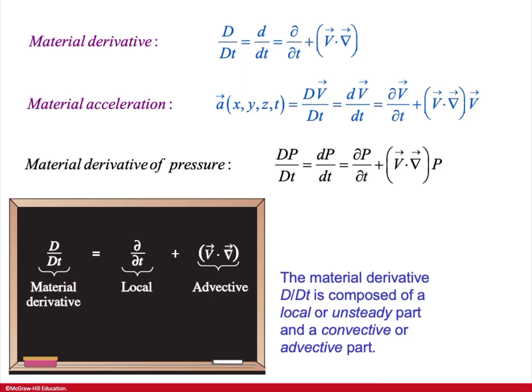So essentially what we now need is a way to connect the Lagrangian and Eulerian descriptions if we are doing an integral analysis rather than a differential analysis. That is what we'll be focusing on in the next part of this section itself.